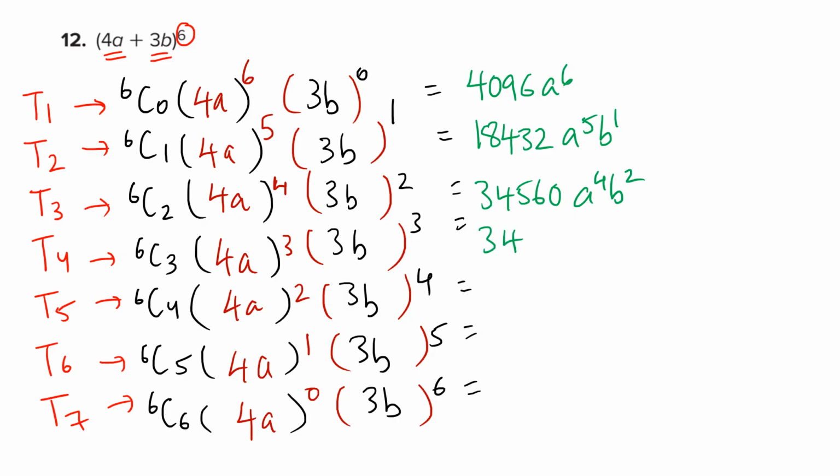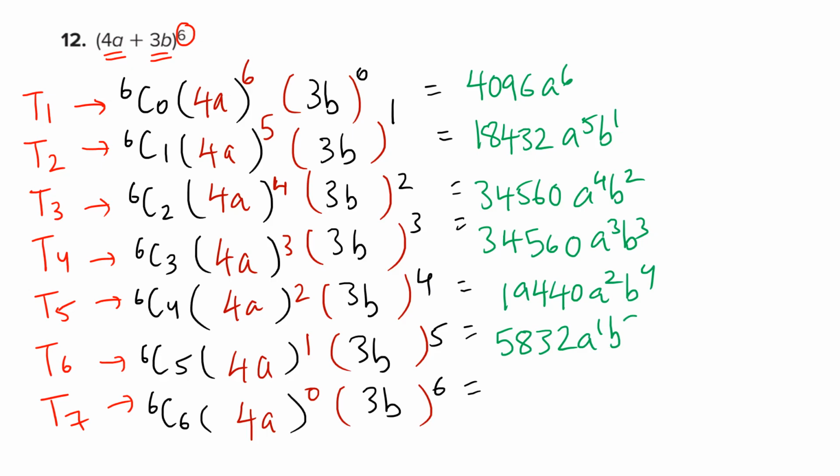Next term is 34560 a3 b3. Next term is 19440 a square b4, 5832 a1 b5, and last term 729 b6. So add them all and you will get your complete binomial expansion.